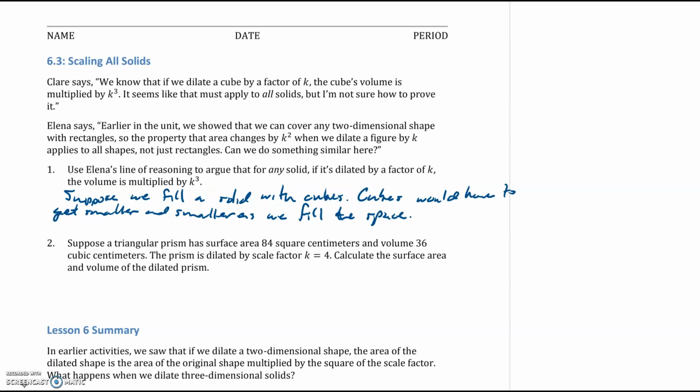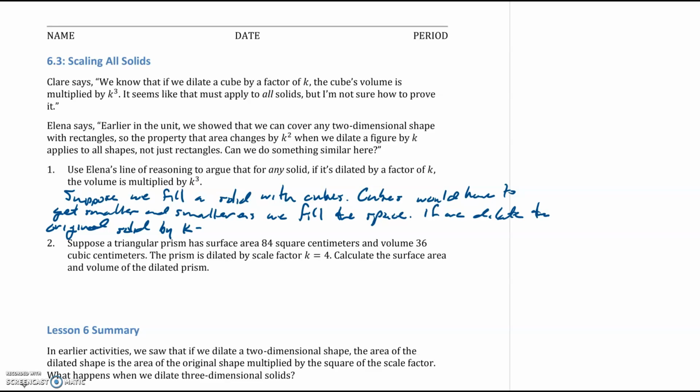Okay, now we're going to dilate the original solid by k. If we dilate the original solid by scale factor k, then each individual cube we know we're going to dilate by that scale factor.